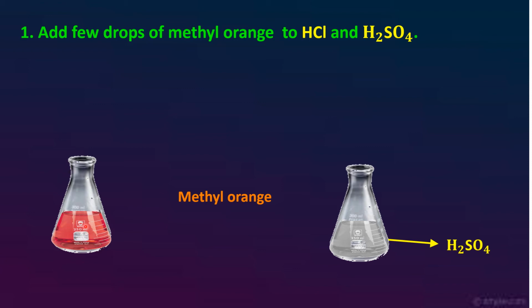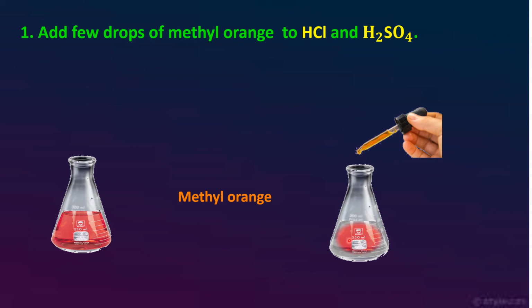Now we'll add methyl orange to dilute H2SO4 and see. We'll add a few drops of methyl orange to the dilute H2SO4 and see whether we find any change or not. This is a methyl orange. See, gradually the color is changing. The color is changing to red, isn't it?